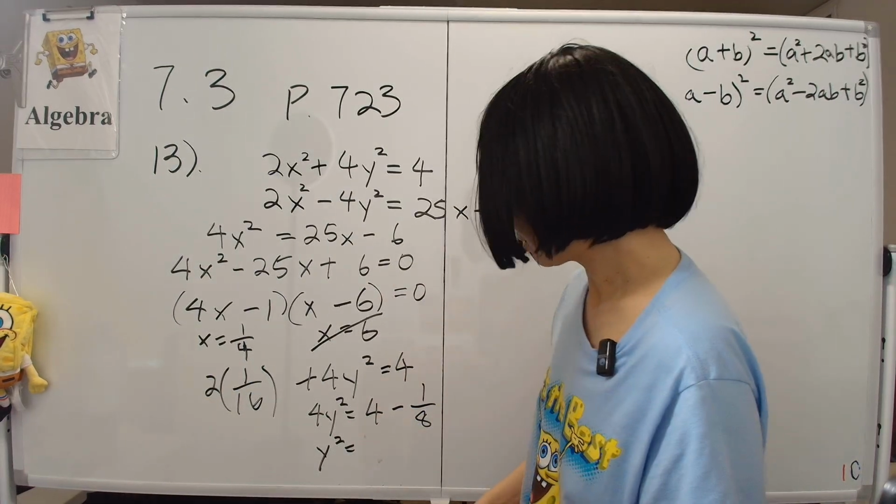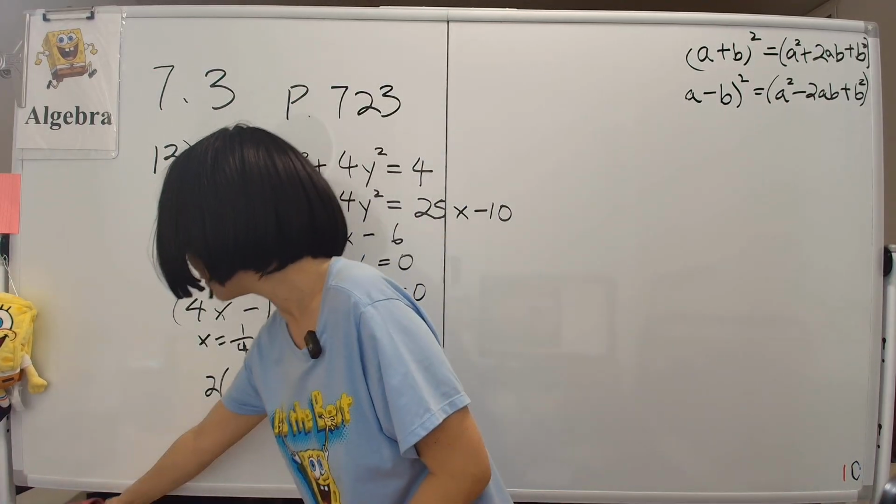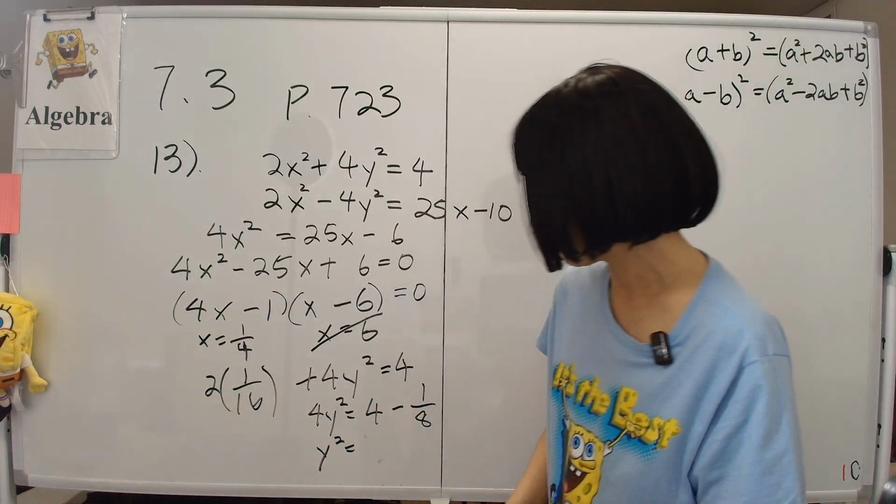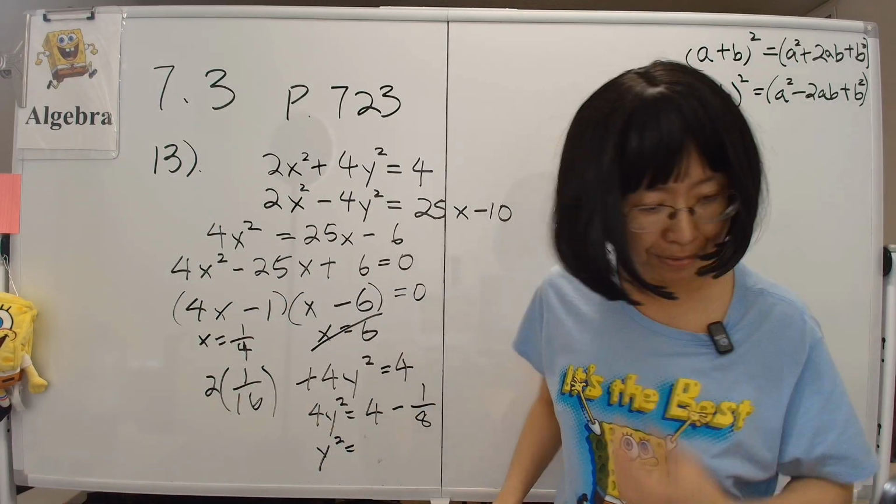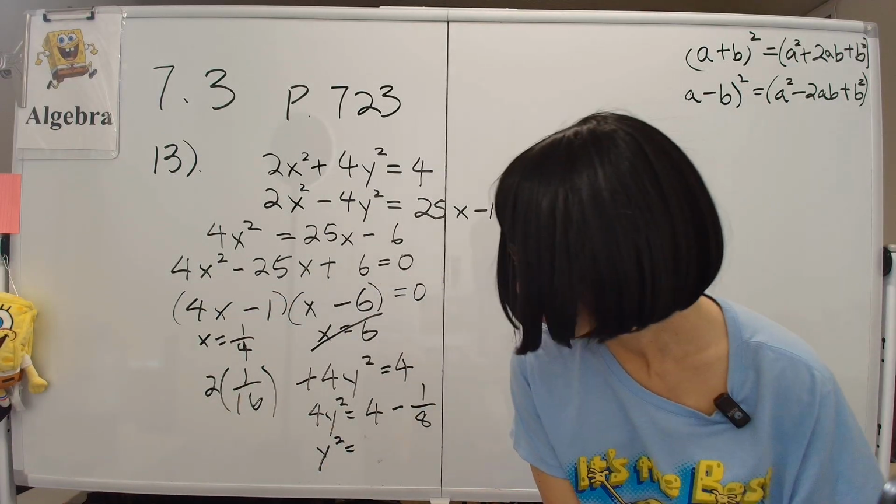It actually equals 1 minus 1/32. That would be 31 over 32 or something. But maybe I should just do it on the calculator to be clear.